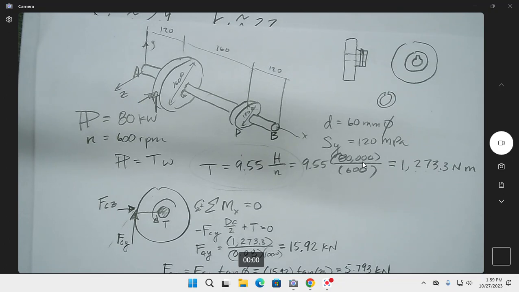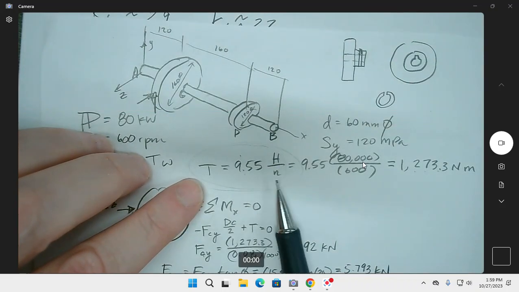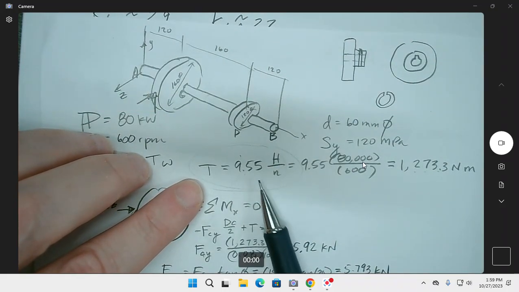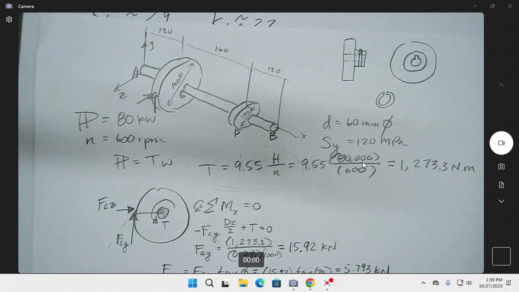There's uncertainty in all of the things that we're doing, but in terms of actually coming up with a magnitude, this is a fairly easy way to go, except you don't know all the time what the power is going to be. Just because the thing has that much power of a motor, it doesn't use that much all the time. But then again, the torque isn't totally because of that.